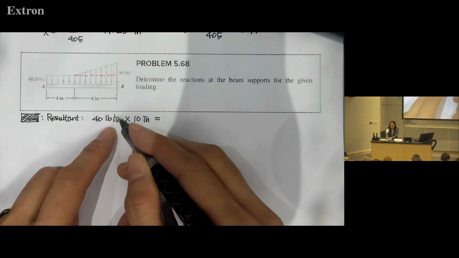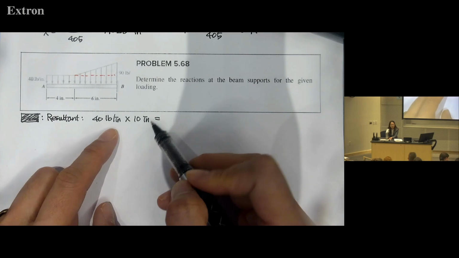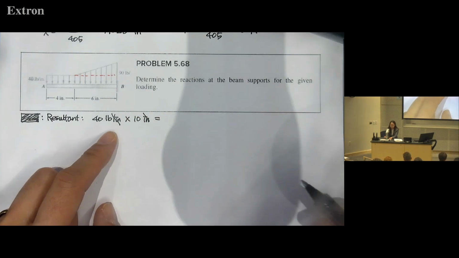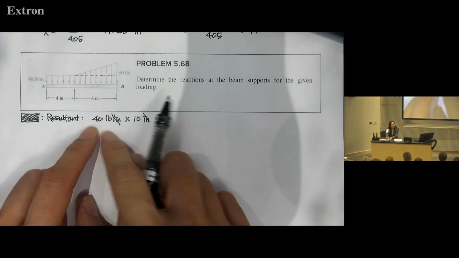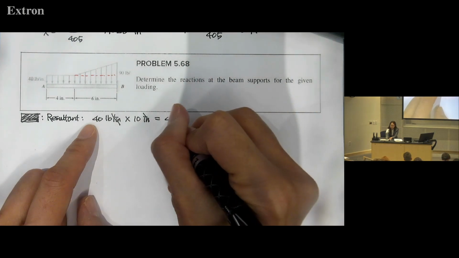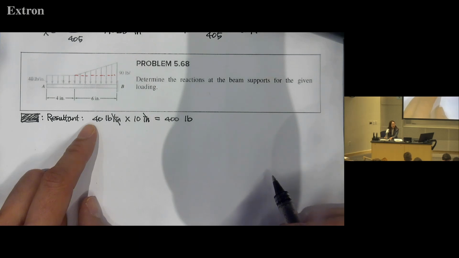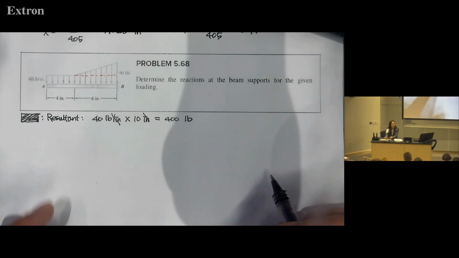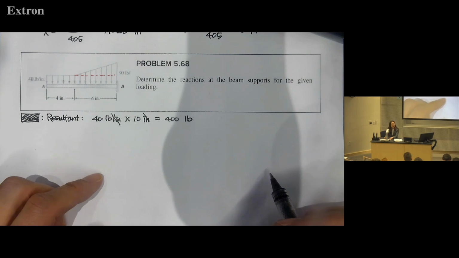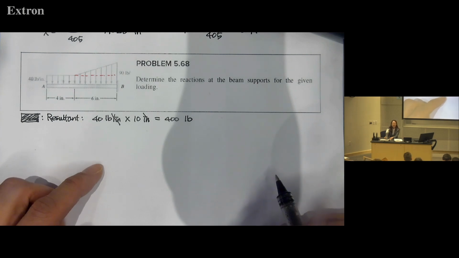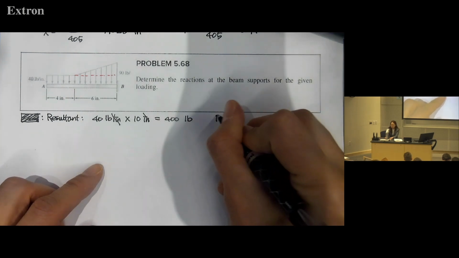So inch per inch and then inch, so they cancel each other. Multiply 40 and 10, 400. And then the final resultant is 400 pounds for the rectangle. Any question about this?